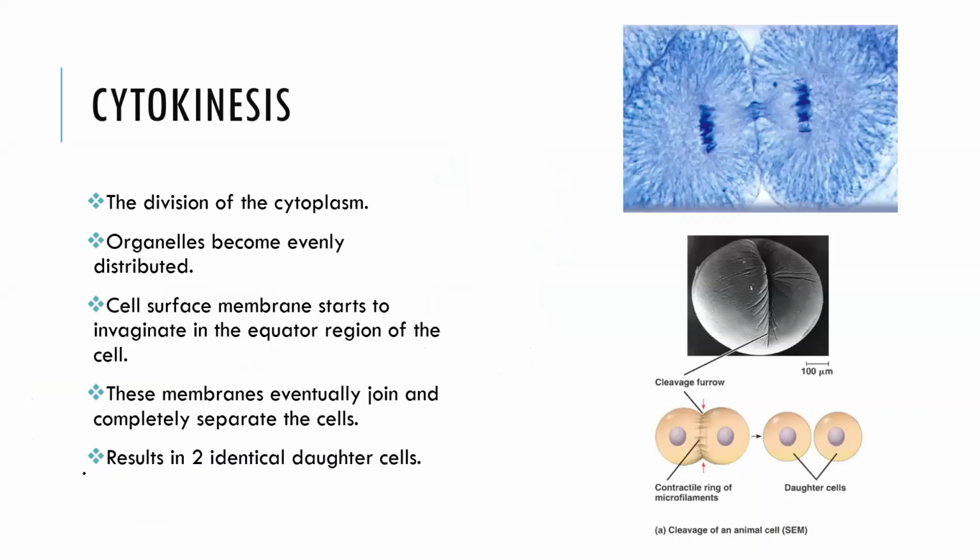So here you can see the microscopic images, the cell separating. So during this phase, the organelles also become evenly distributed towards the two poles. And here you can see how the cell membrane starts to invaginate, which finally results in two similar looking daughter cells.